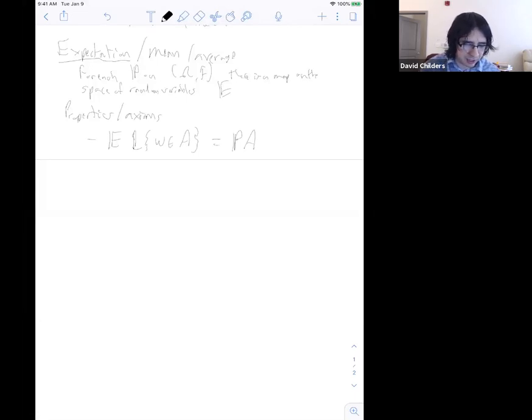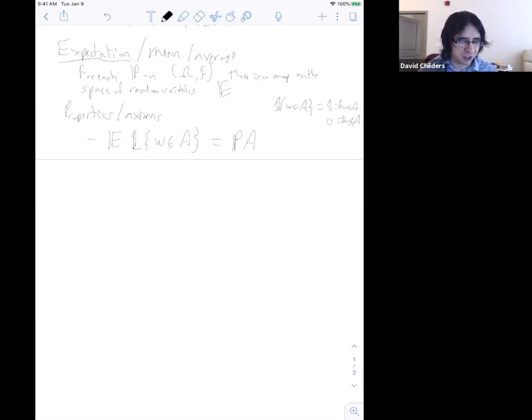So recall that the indicator of omega in A is a function which equals 1 if omega is in A, and 0 if omega is not in A. So it's just a 0, 1 valued function.